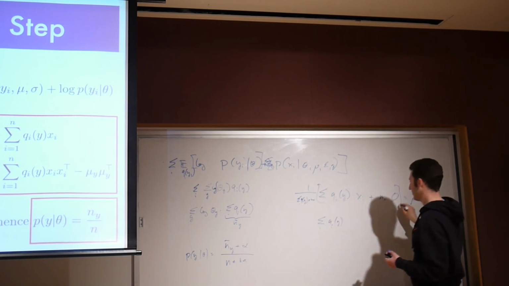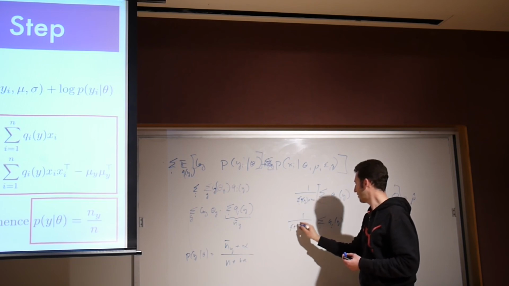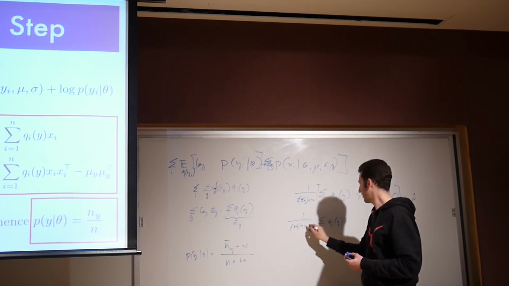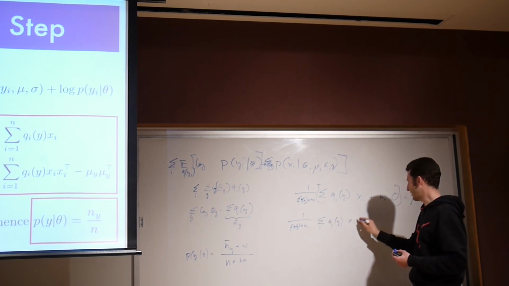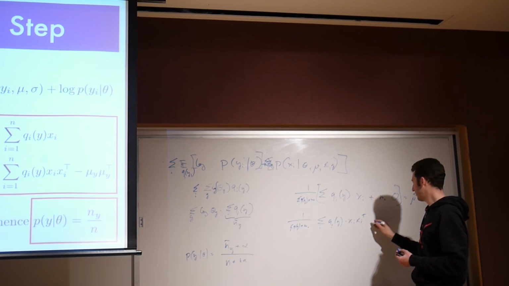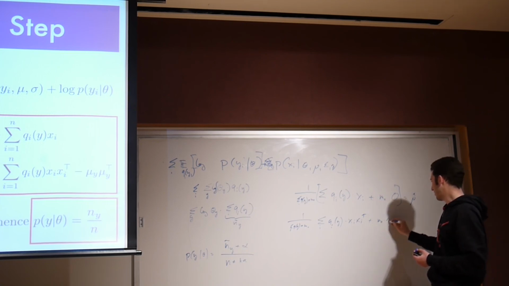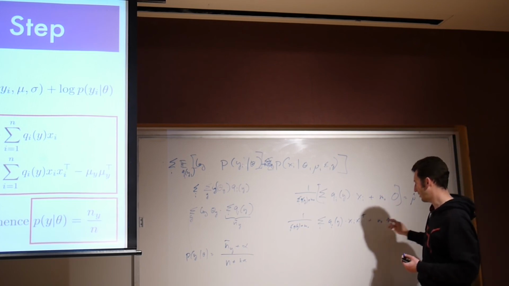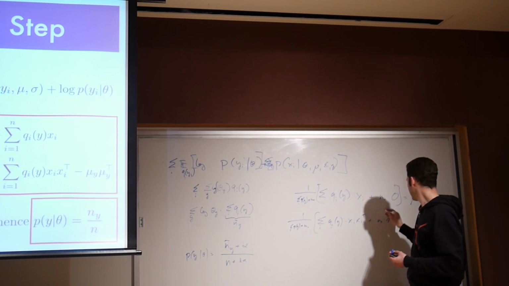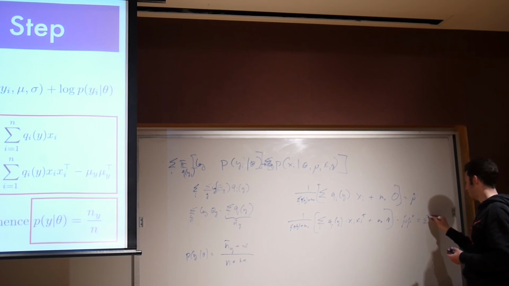I get the same thing there: the sum over i of qi of y times xi xi transposed, and then I get my smoother, so I get m0 times maybe the unit matrix, minus mu hat mu hat transposed, and this is my estimate for sigma.